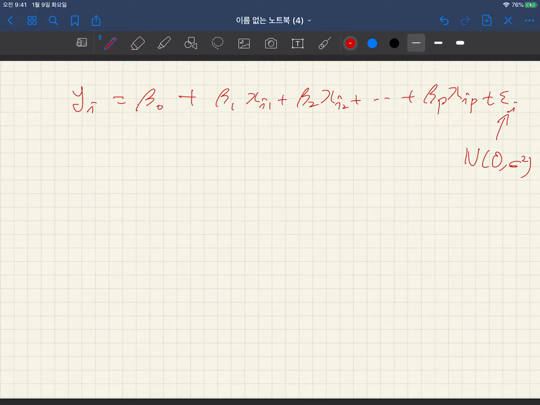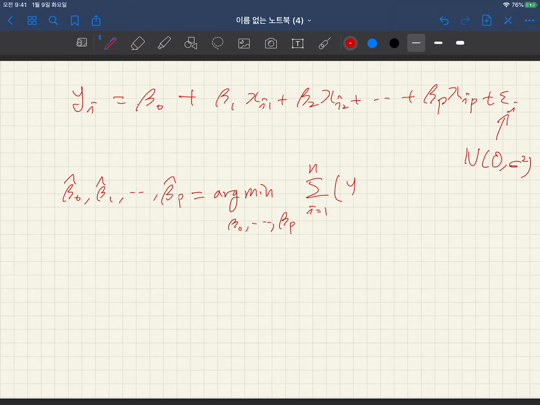So again, from the linear regression algorithm, we can obtain the parameters beta 0 hat, beta 1 hat, up to beta p hat from this optimization problem: minimizing over beta 0 to beta p the sum from i equals 1 to n of yi minus beta 0 minus beta 1 xi1 minus up to beta p xip, squared.